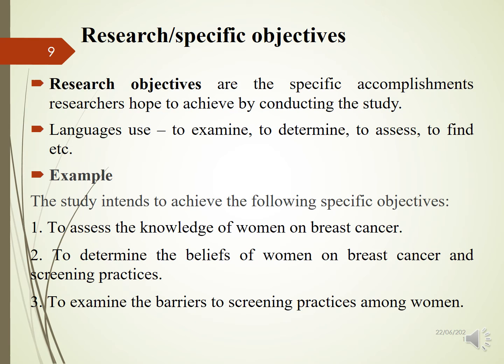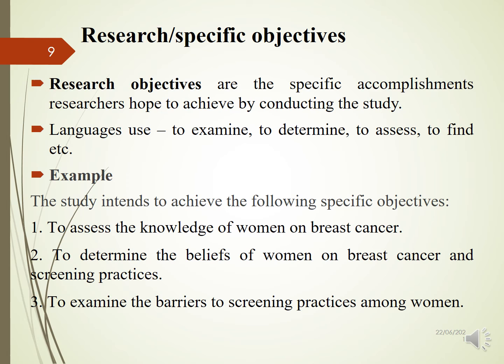Normally you need to start with a preamble or an opening statement first. So the study intends to achieve the following specific objectives. 1. To assess the knowledge of women on breast cancer. 2. To determine the beliefs of women on breast cancer and screening practices. And then 3. To examine the barriers to screening practices among women.